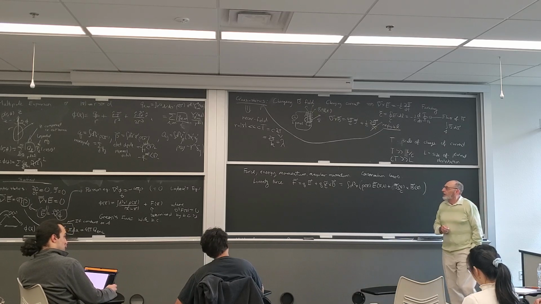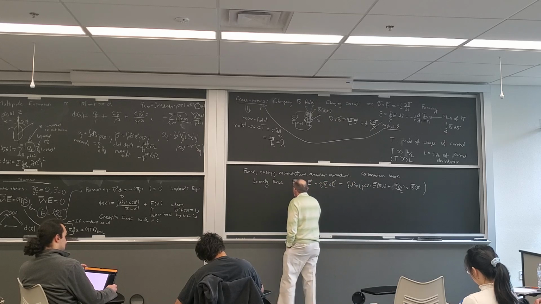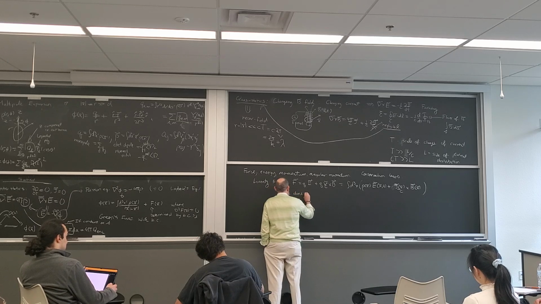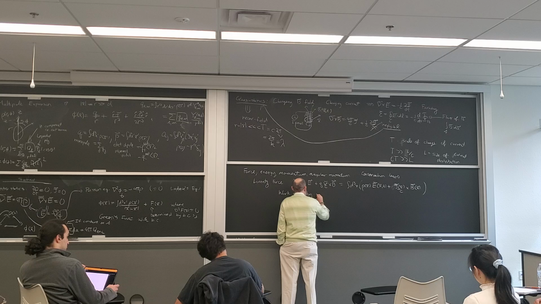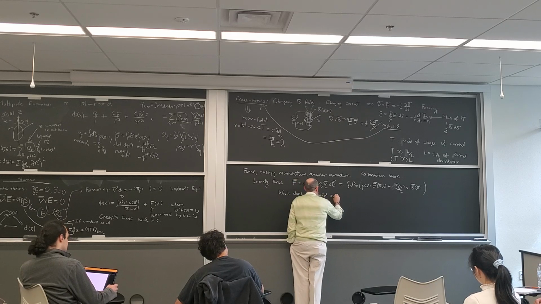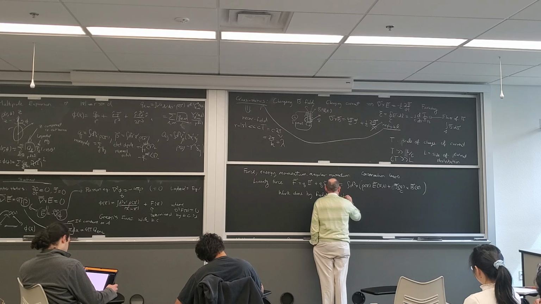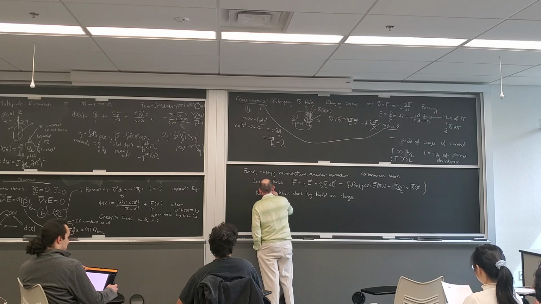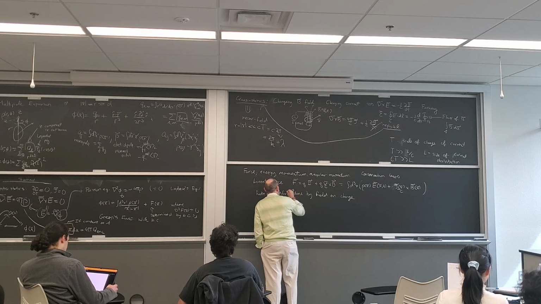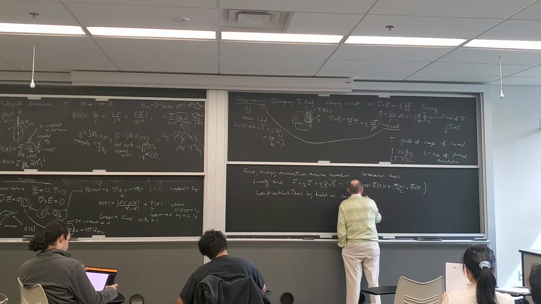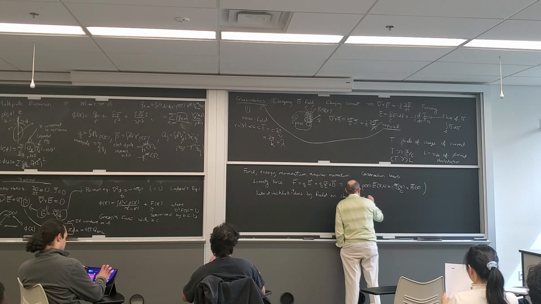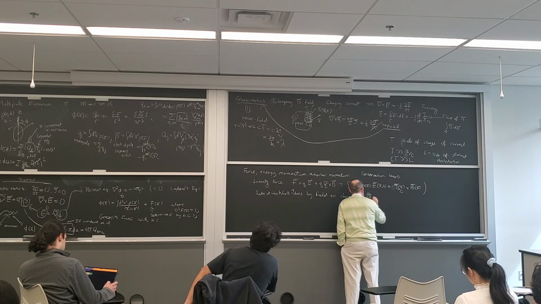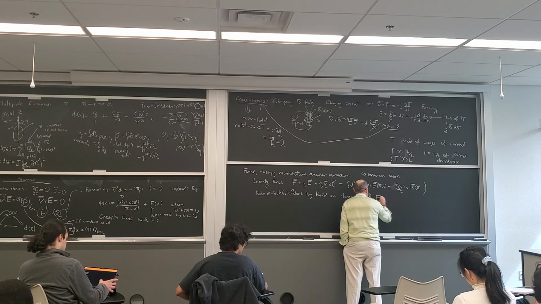So the other thing we understand is that the work done by the field on the charge, or I would say the rate at which work is done, is equal to q times r dot, or x dot, or v, dotted into the electric field.